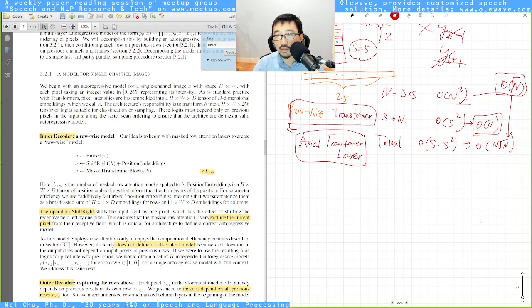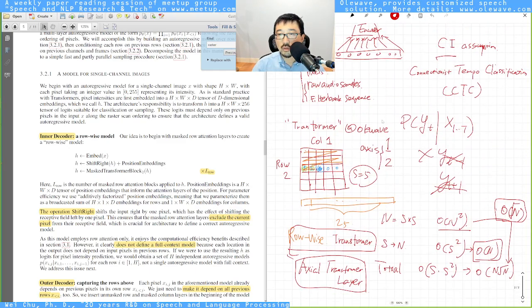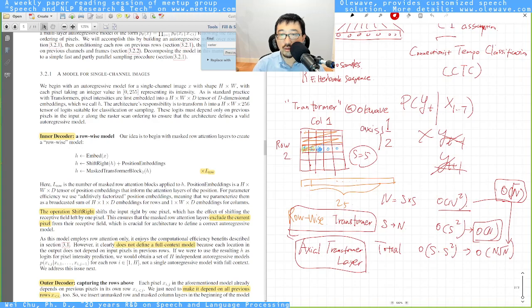So X is like a matrix, and you pass it through an embedder, an embedding generator. You get the embedding H. Then you want to shift it right and add a positional embedding. What does that mean?